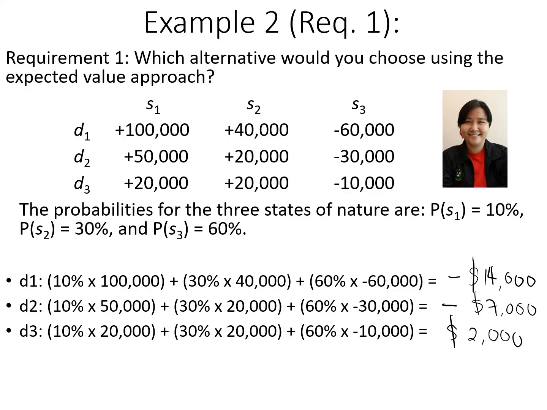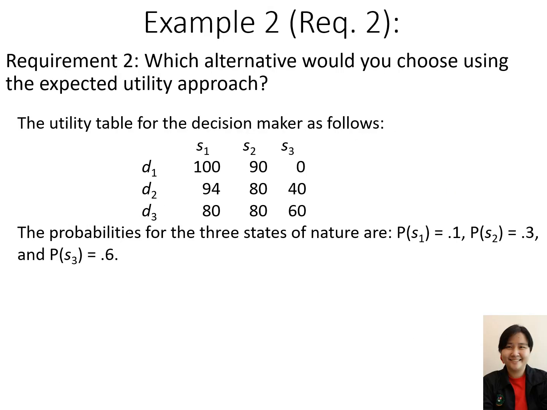So comparing the expected values of the 3 decision alternatives, we're going to choose alternative D3. We will choose D3 because it has the highest expected value of $2,000.